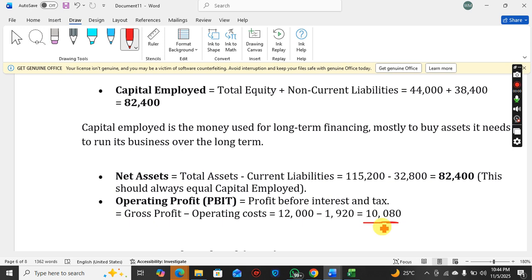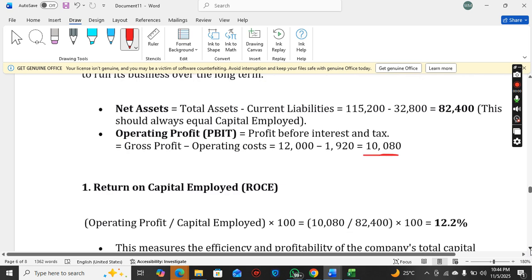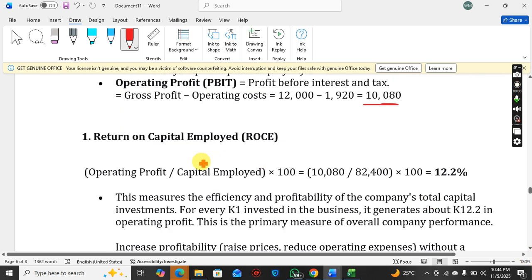Okay, so now we can find the return on capital employed. Operating profit over capital employed times 100. Right, so 10,080 divided by 82,400.